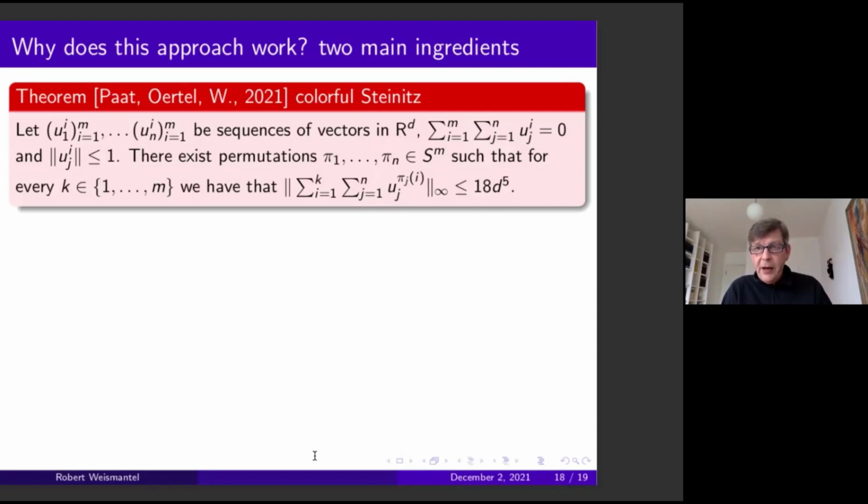This is pretty hard work to arrive at, but as I said, I only convey the elegant things, and the key engine is that you need an extension of this Steinitz type lemma. And the same analysis also, as a corollary, gives you a bound on the size of the Graver basis elements in the same order of magnitude. So you get this for free if you manage to have this colorful Steinitz theorem and you do the analysis.